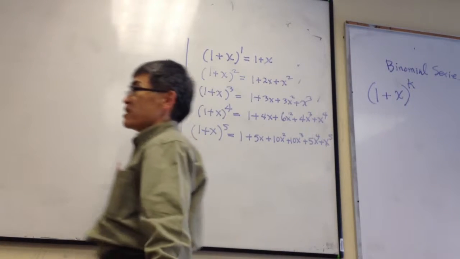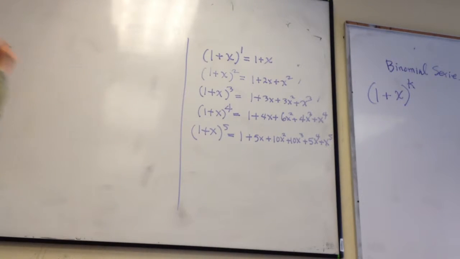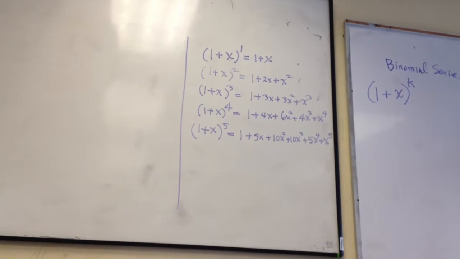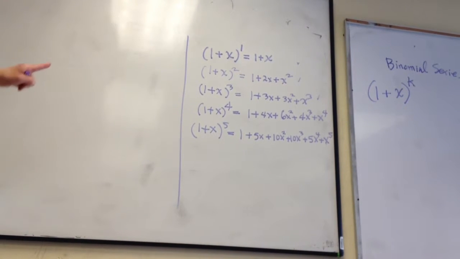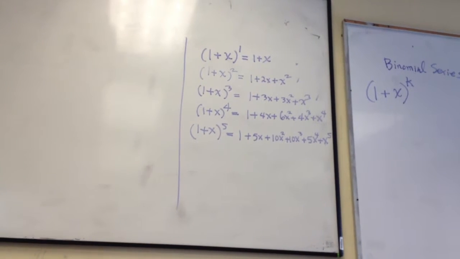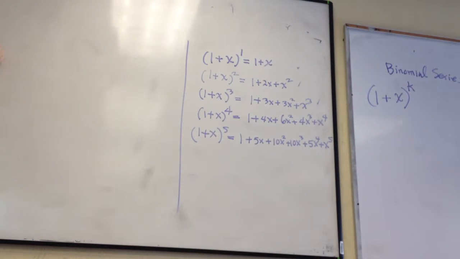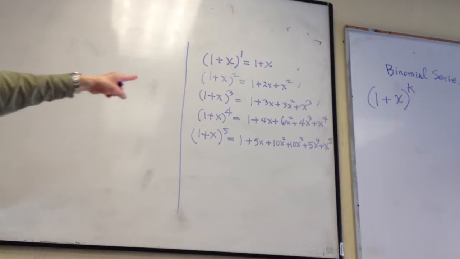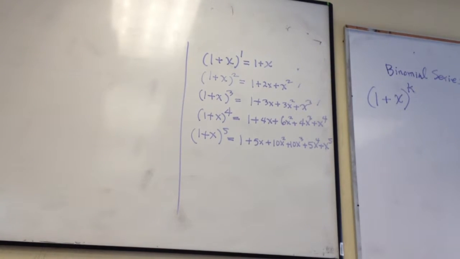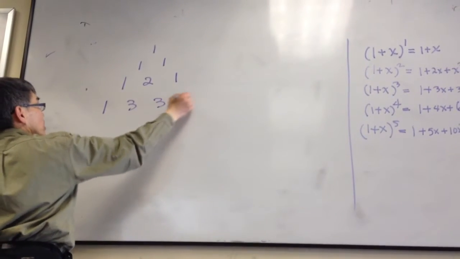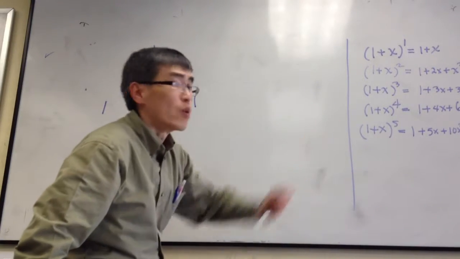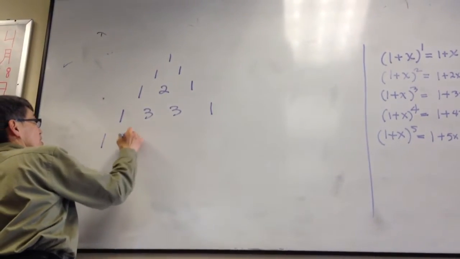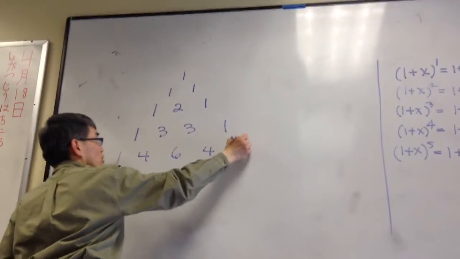If you look at the coefficients, 1 plus x is 1 plus 1x. 1 plus 2x plus x squared: 1, 2, 1. Next one, 1, 3, 3, 1. Next one, 1, 4, 6, 4, 1.